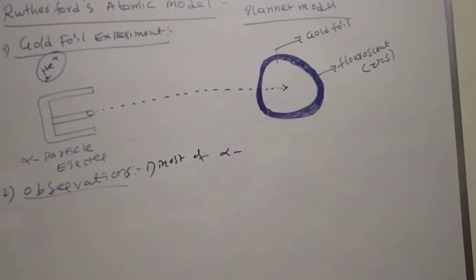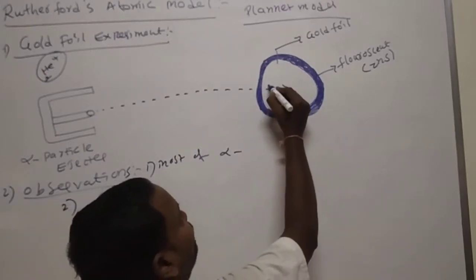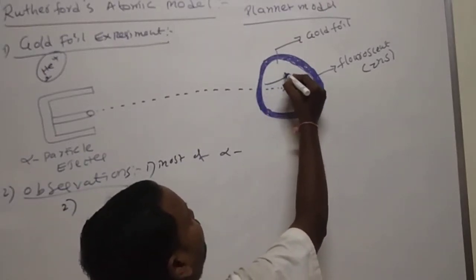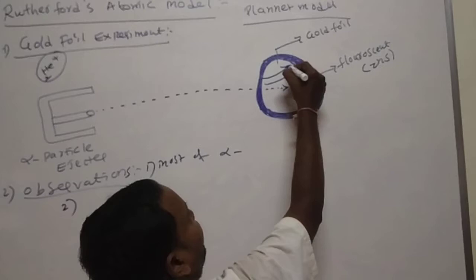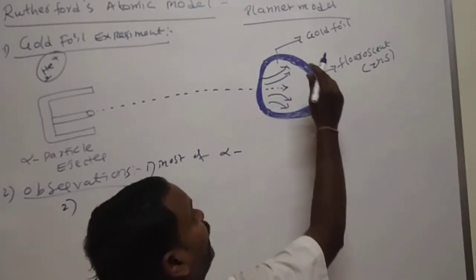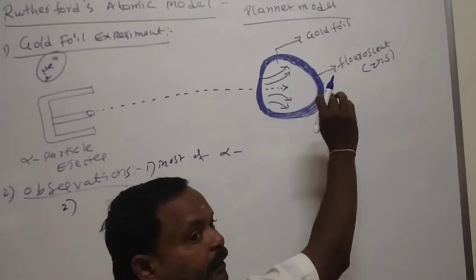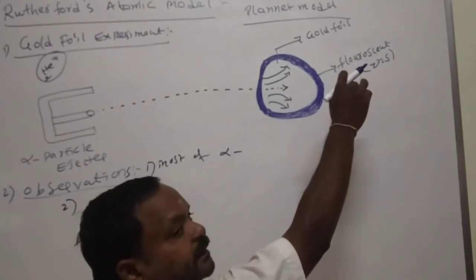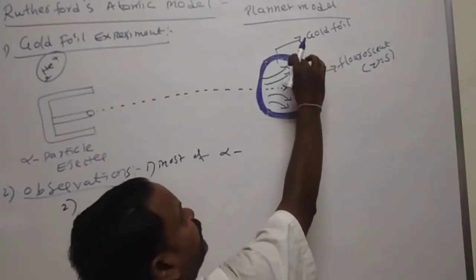Second observation: some of the alpha particles deflected, or deviated, with small angles and hit the surface of the zinc sulfide, the fluorescent material.